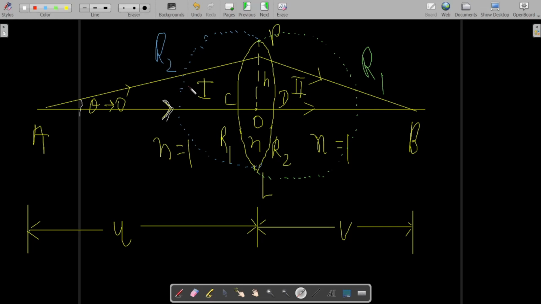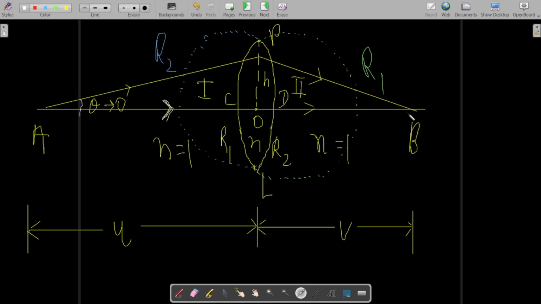This AP gets refracted from point P, and the two light rays intersect at B.